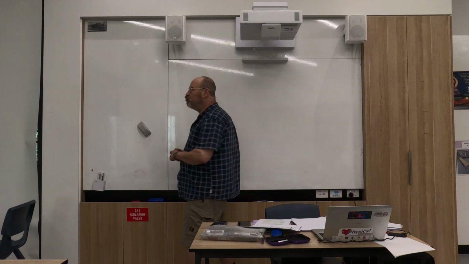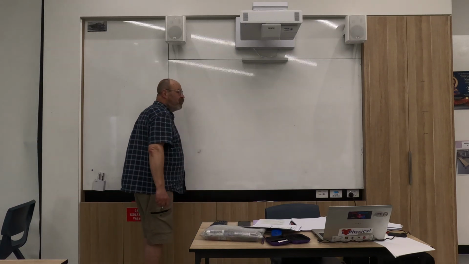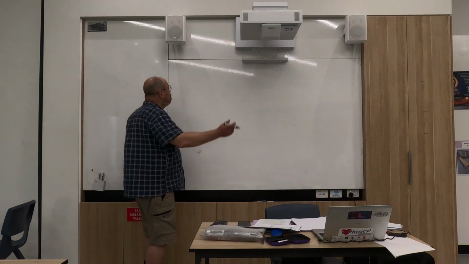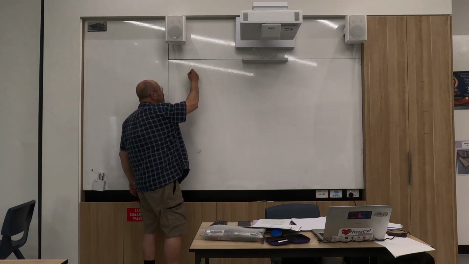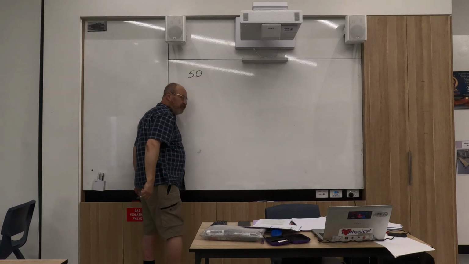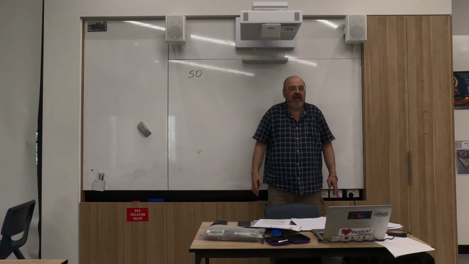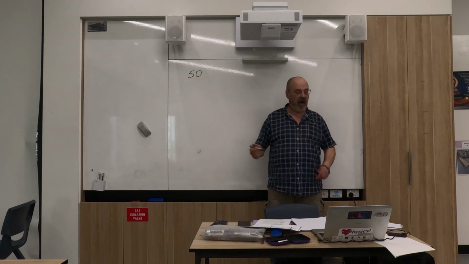Let's say there are 50 teachers at school. Not a lot of teachers. Let's say 50. They come back after the summer holidays and they greet each other and shake hands, but not necessarily everyone with everyone.